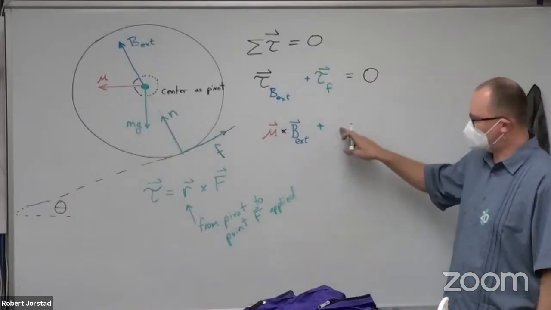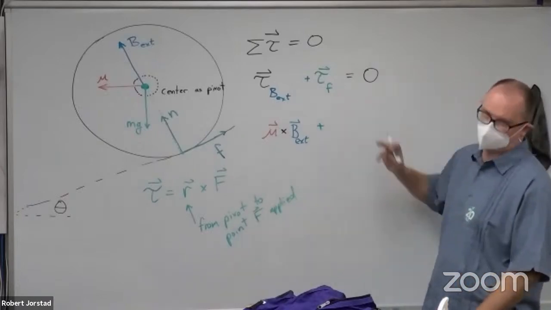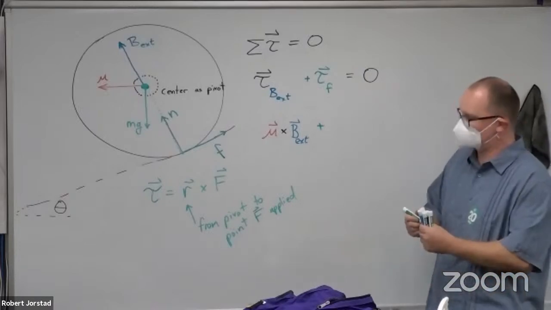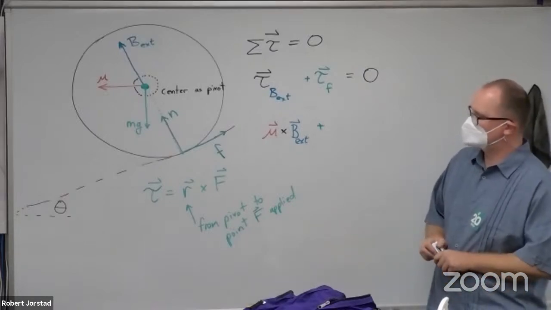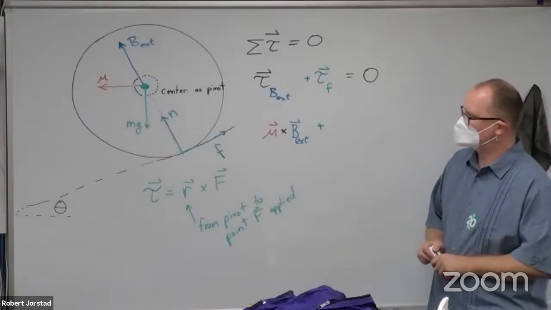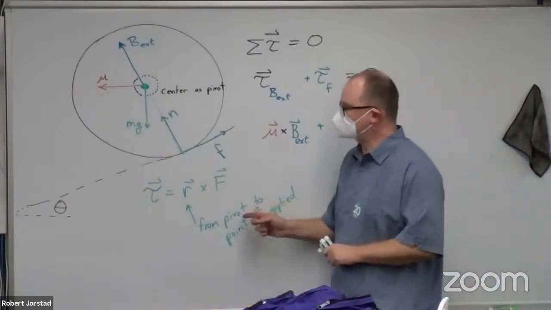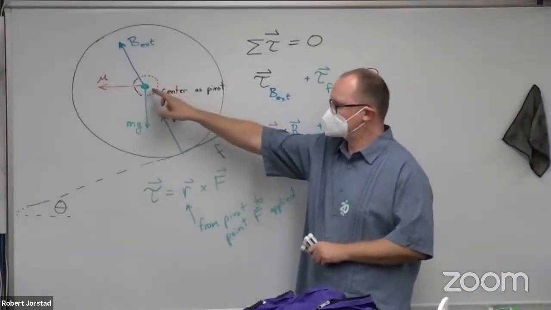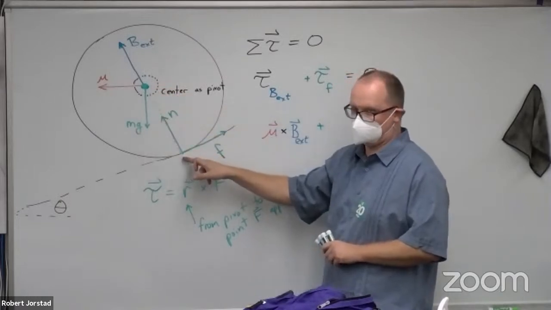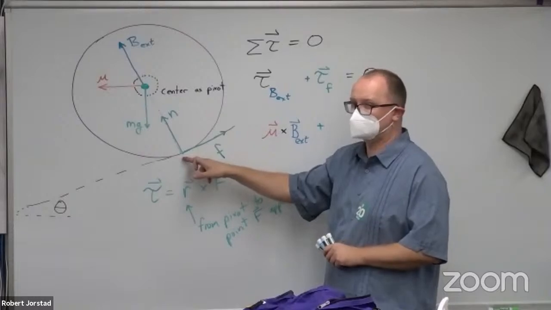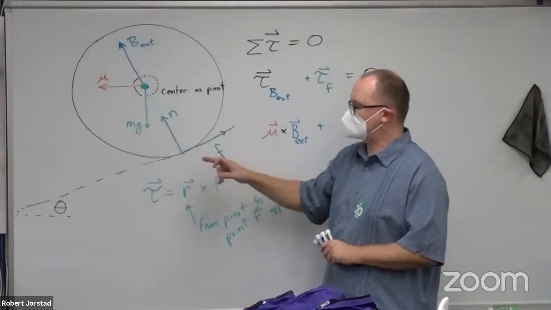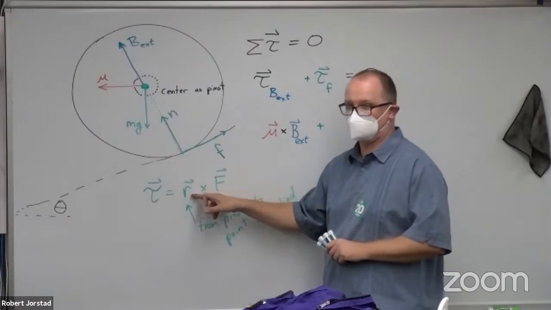Help me. What is the R vector for the frictional torque? Somebody other than Christian. We're going from the pivot to the point where it's applied. What's that? Now careful, I just want the R vector right now.